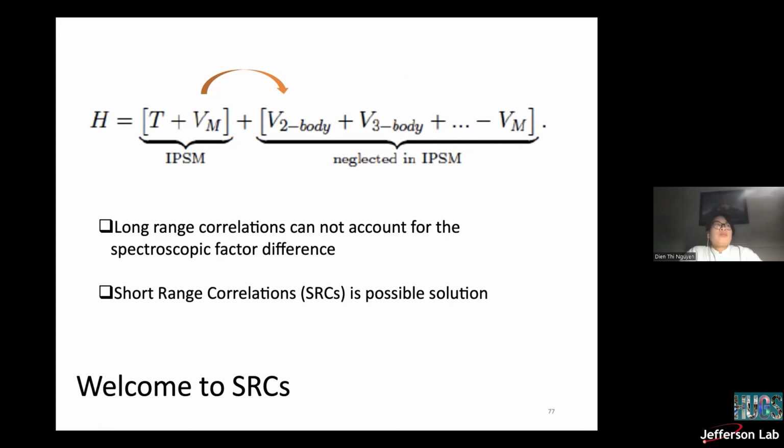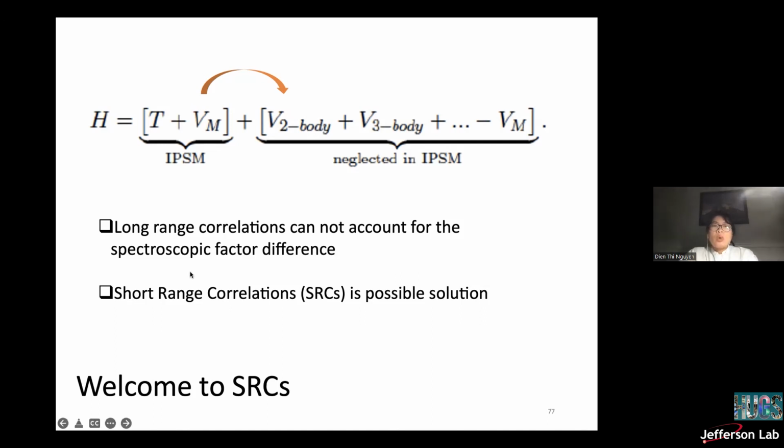So now the natural approach is to start including another term in this Hamiltonian. The next term we will take into account is the two-body interaction between nucleon and nucleon. There are long-range interactions and also short-range interactions. People already take the long range into account, but that didn't account for the difference between the shell model and what we measure from the data.